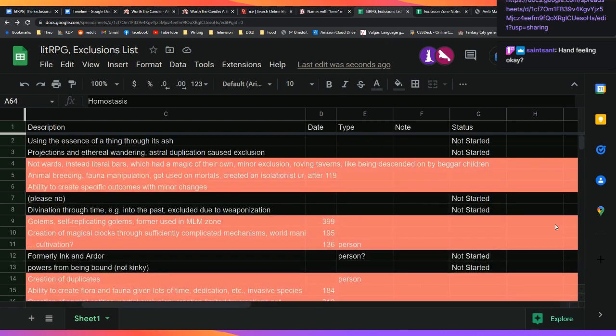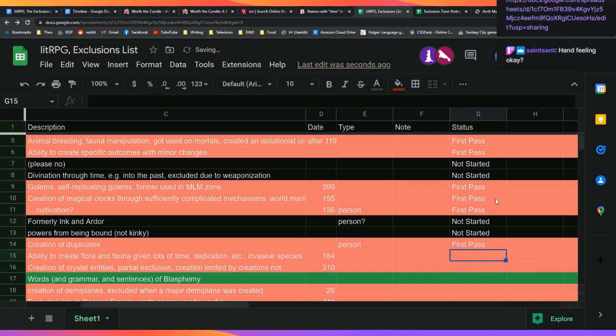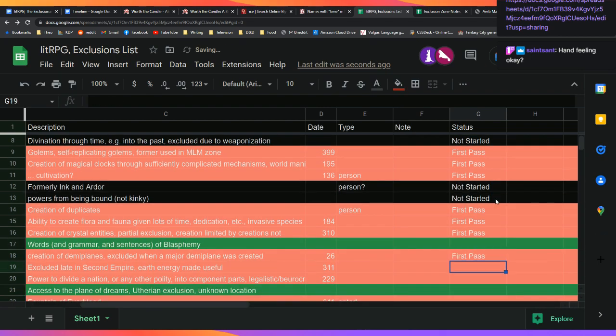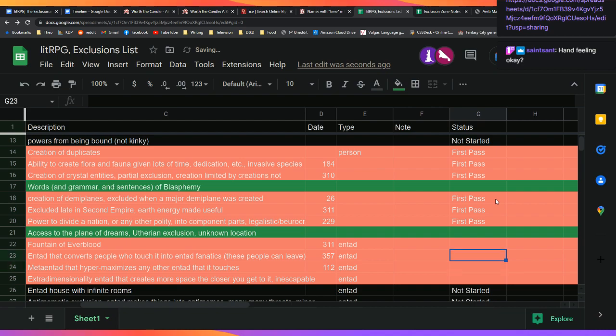So yeah, I'm just doing some cleanup, but I started slightly early, so we're gonna call these first pass, which is more or less accurate. There's some to-dos. If I have to-dos remaining, I don't generally consider it first pass.